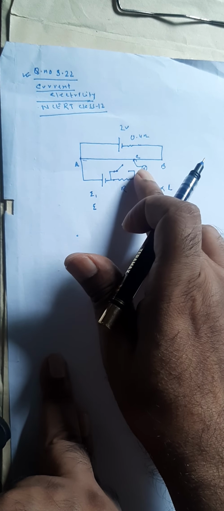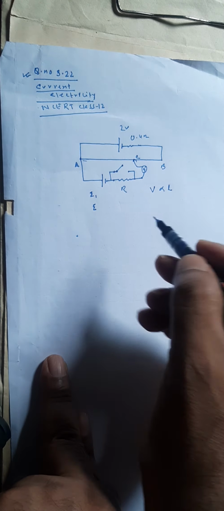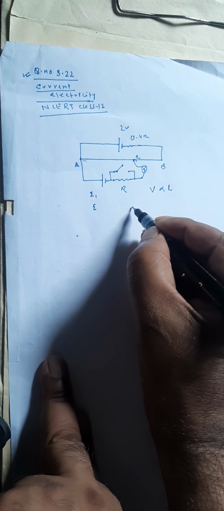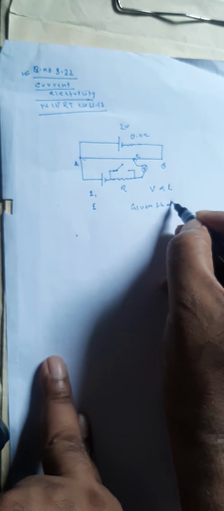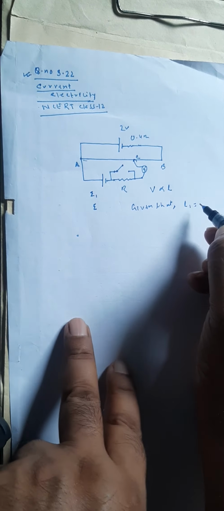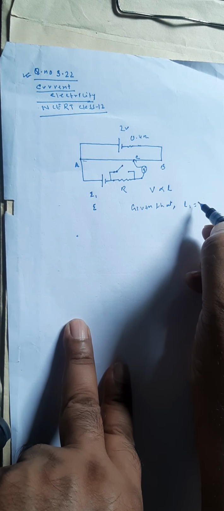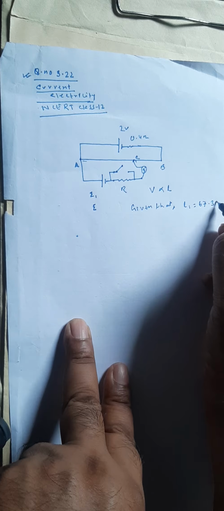Null deflection means there is no deflection produced by the galvanometer. According to the question, the first balancing length L1 is 67.3 centimeter.